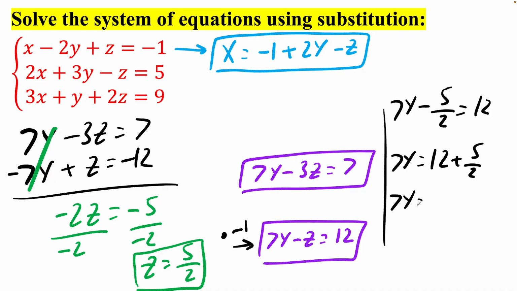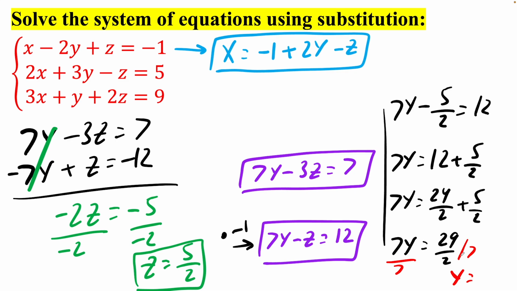So 7y is equal to 24/2 plus 5/2. So 7y is equal to 29/2. And then we'll go ahead and divide by 7, divide by 7. So y is equal to, we'll keep our 29, but we're dividing by 7. So it's like multiplying these two pieces. 2 times 7 is 14. So our final answer for y is 29/14.